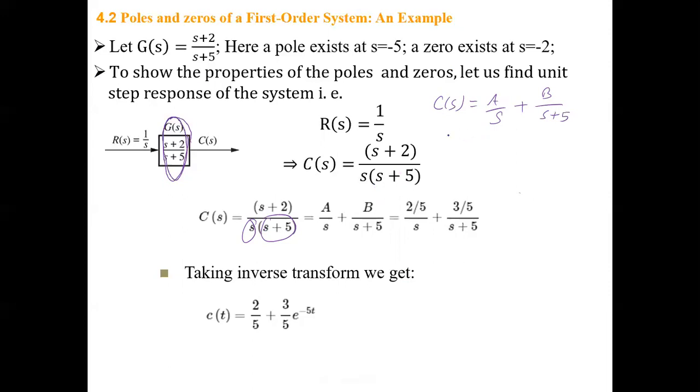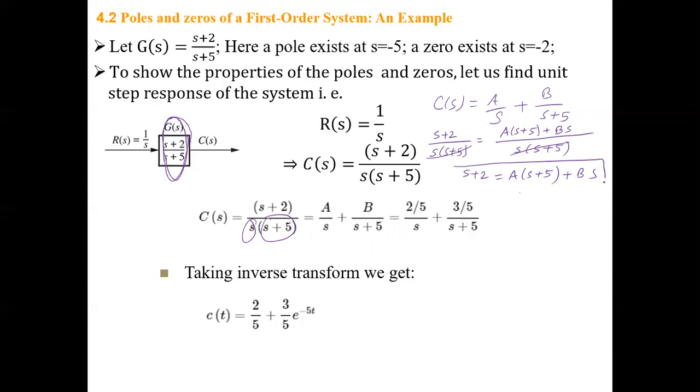Your C of S is given as S plus 2 divided by S times S plus 5. Then on the right you have S plus 5 on the denominator, then A times S plus 5 plus B times S. Then the denominators cancel out, and you are left with S plus 2 equals A times S plus 5 plus B S.